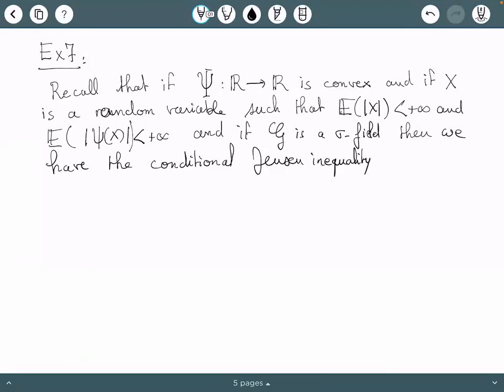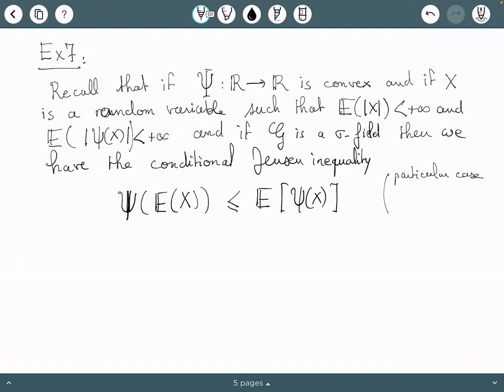As you know, the Jensen inequality is just that psi of the expectation of X is less or equal to the expectation of psi of X. A particular case is when psi of x is x squared, which is a convex function.